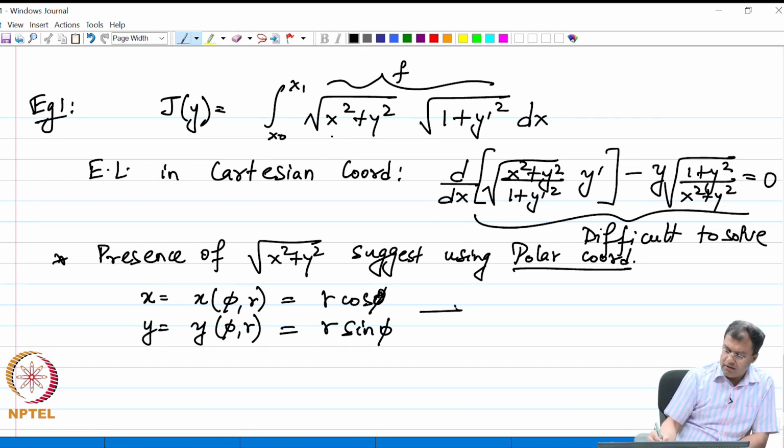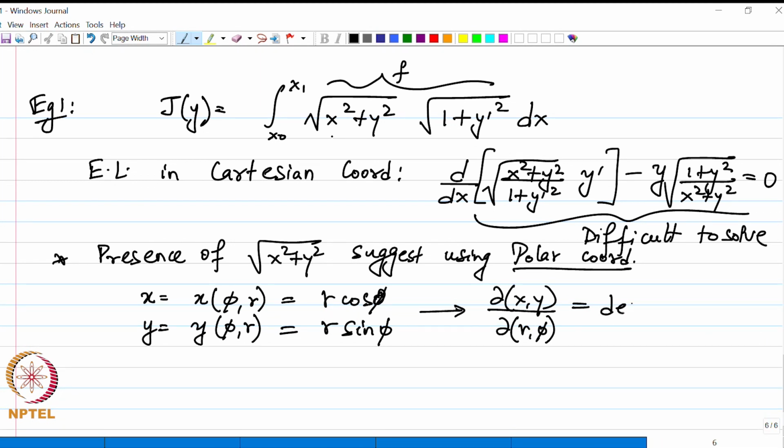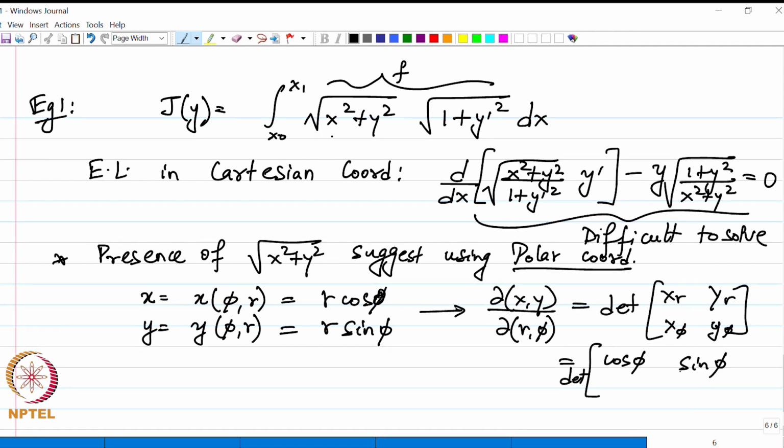So, what we have is that the Jacobian of x y with respect to r phi is the determinant of the matrix x r, y r, x phi, y phi, and we see that this is also equal to the determinant of cos phi, sin phi, minus r sin phi, r cos phi, right.